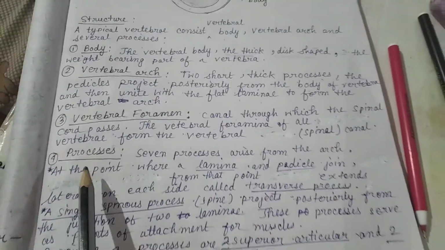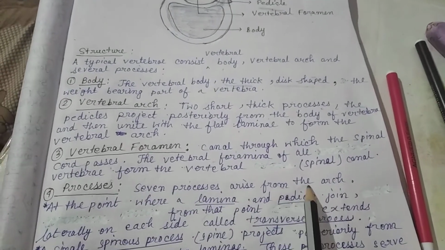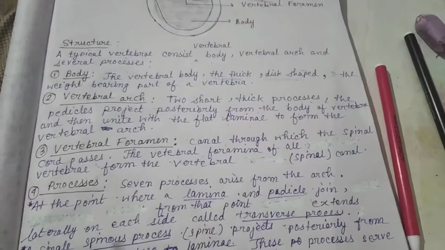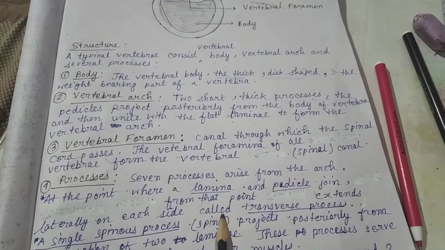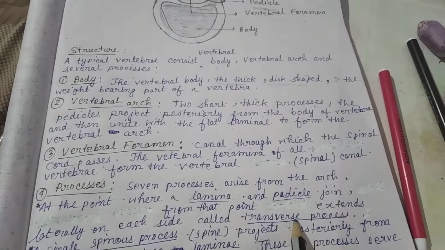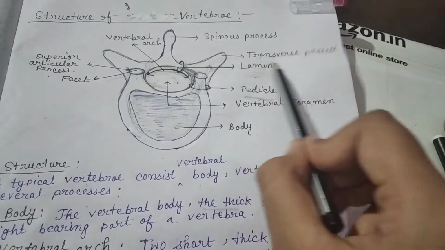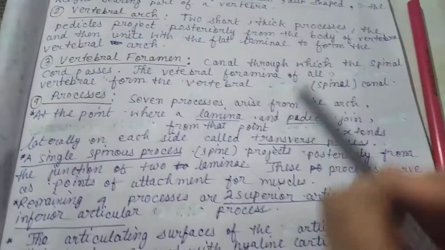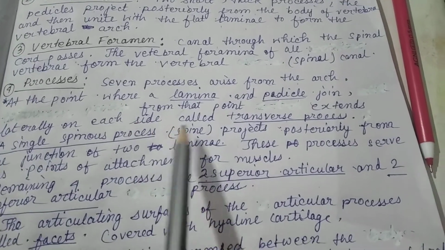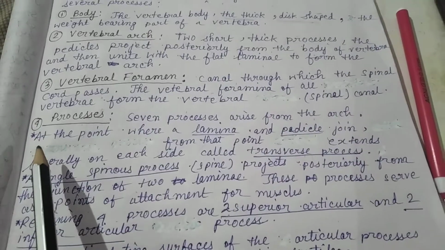After that we are going to see the processes. There are 7 processes that arise from the arch. What are the processes? The first process is the transverse process. What is a transverse process?